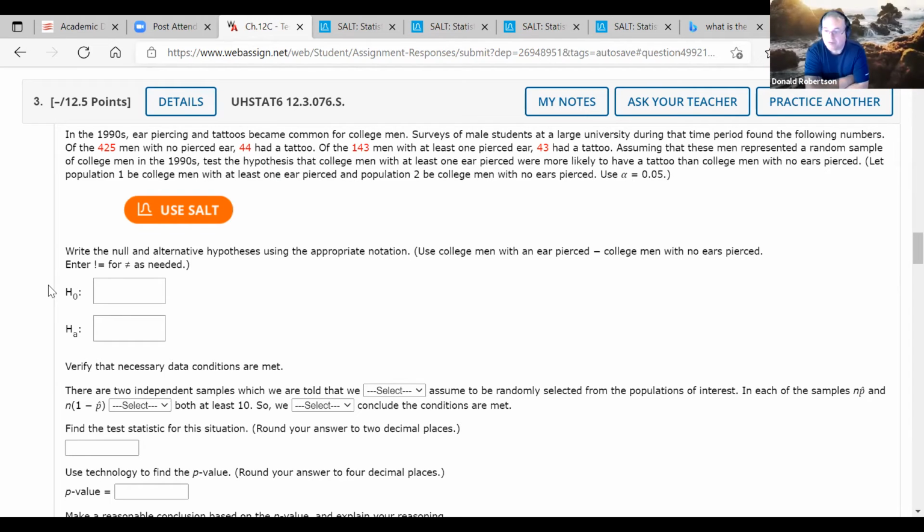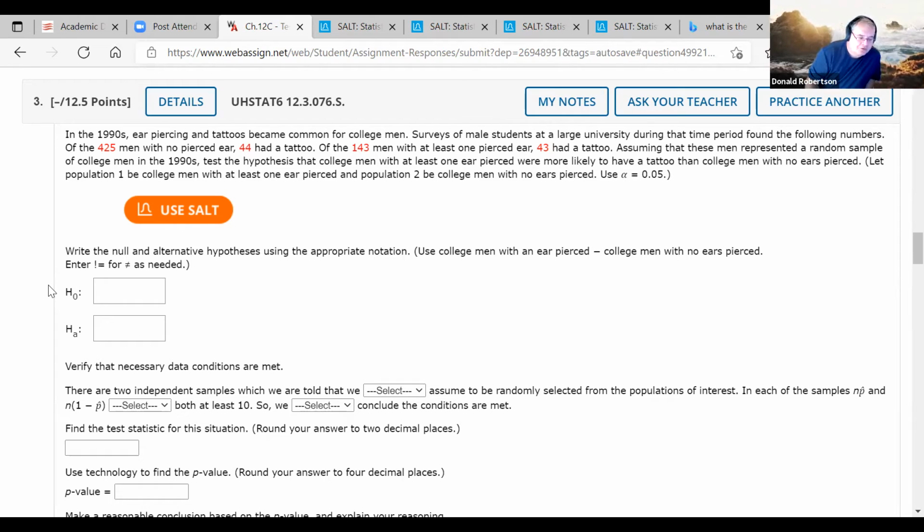And they say, let population one be the college men with at least one ear pierced, and population two be college men with no ears pierced. The trick here is to imagine this information and then write it down in the language of hypothesis test. So what I see is two populations. One of them's proportion is P1, the other is P2.